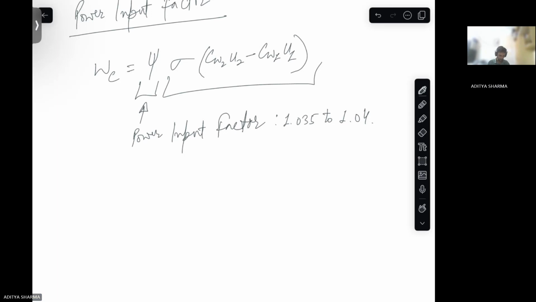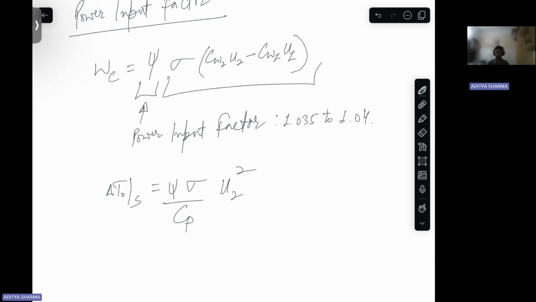So delta T0 for stage comes out to be power input factor sigma, psi, divided by cp, times U2 squared. This is for your radial vanes, radial vanes with beta 2 equal to 0.